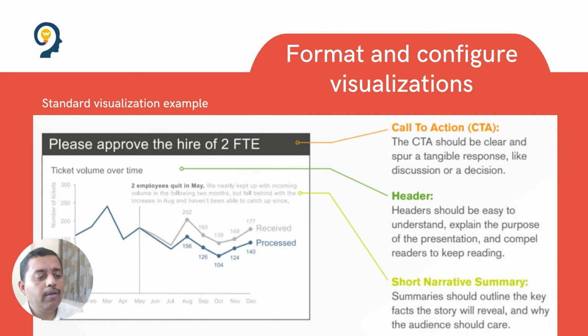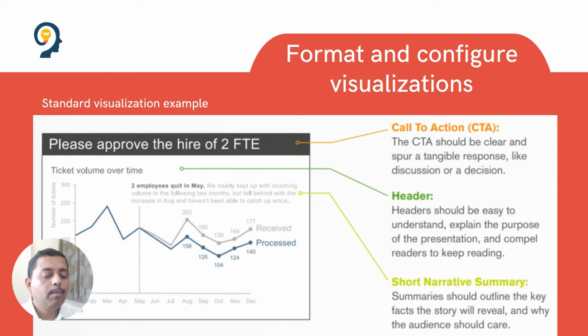The problem happened in the month of May, when 2 people quit this organization. In that case, the major chunk of the tickets were not getting processed. We were still receiving volume, but we were able to manage somewhat till June and July.